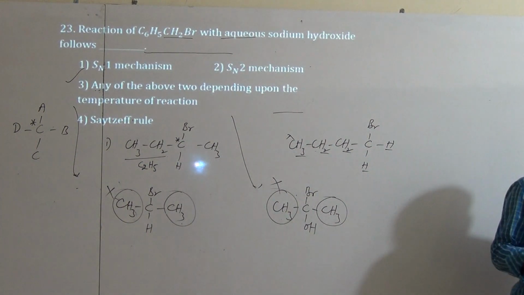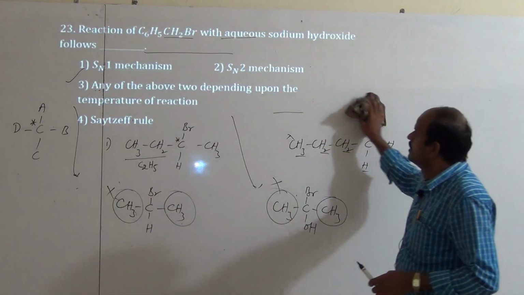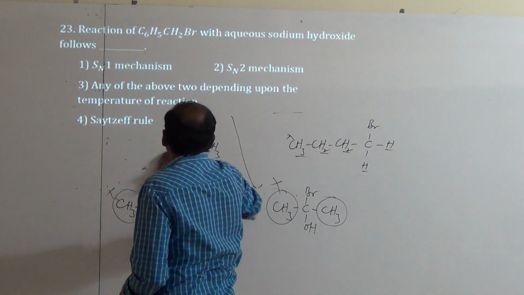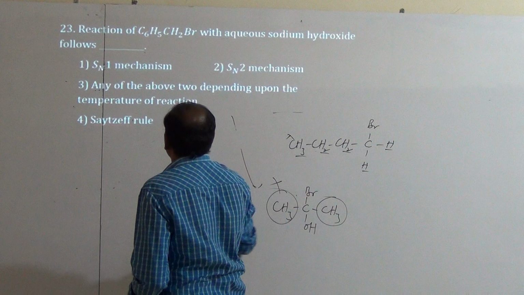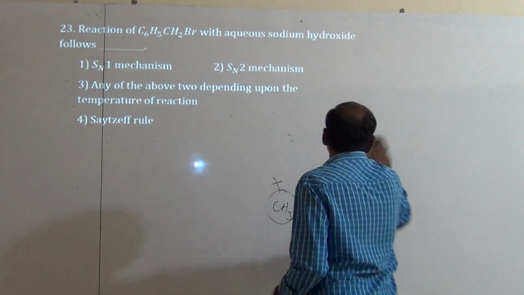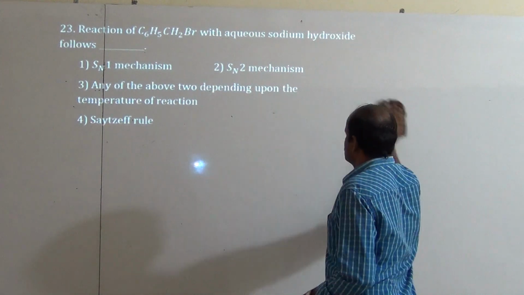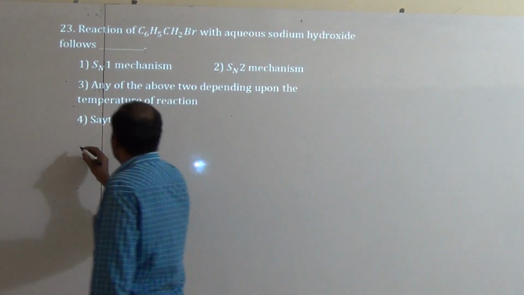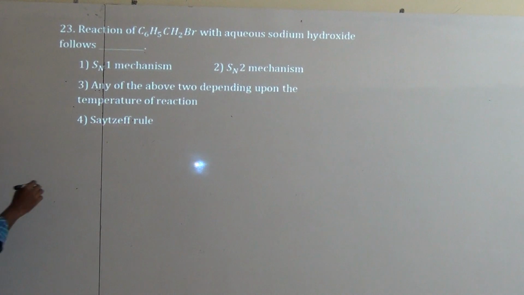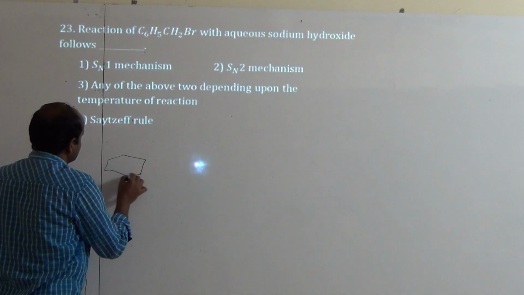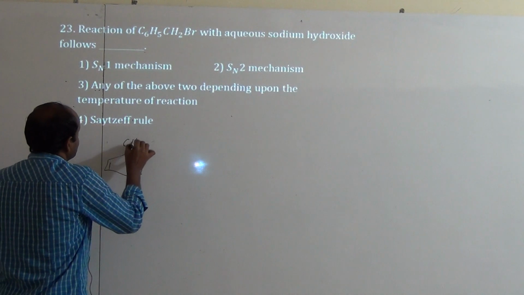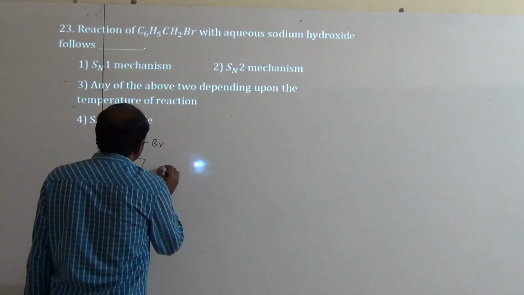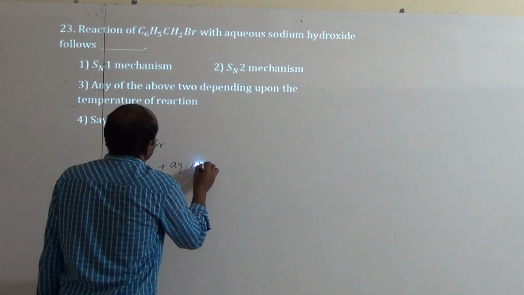Next one. So they given the reaction of C6H5CH2Br with aqueous sodium hydroxide, as follows. C6H5CH2Br with aqueous sodium hydroxide.